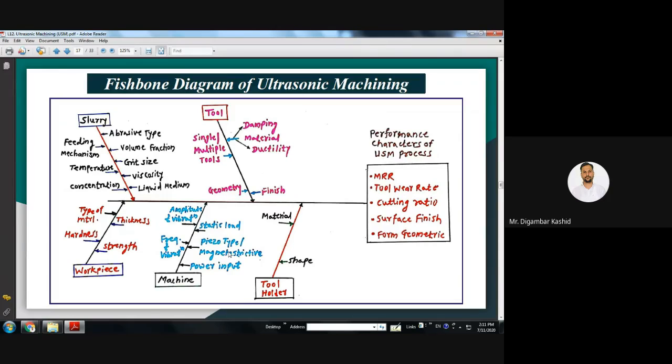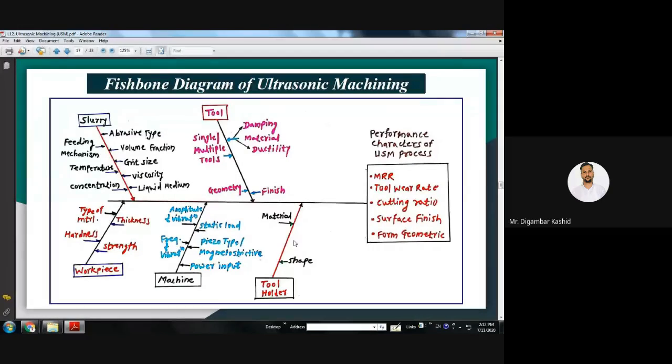Then, what is the power input? Power input to the transducer, or the force with which you are hitting the abrasive particles which it carries with it. That is also important. And the last one is the frequency of the vibration. Frequency of the vibration also affects the performance of the process.